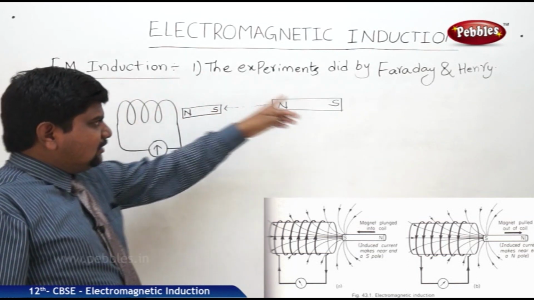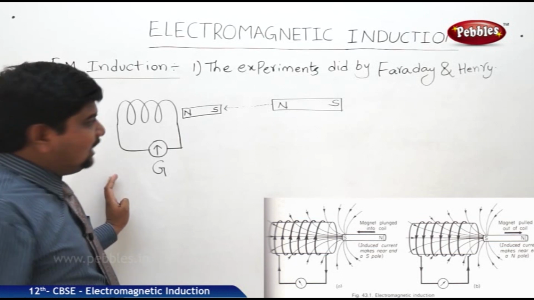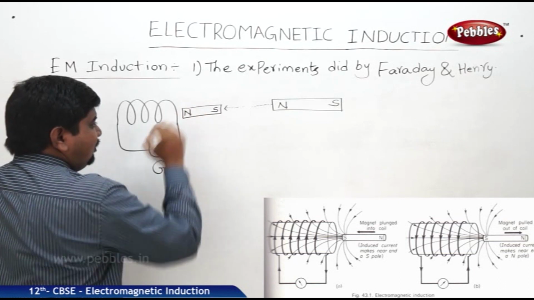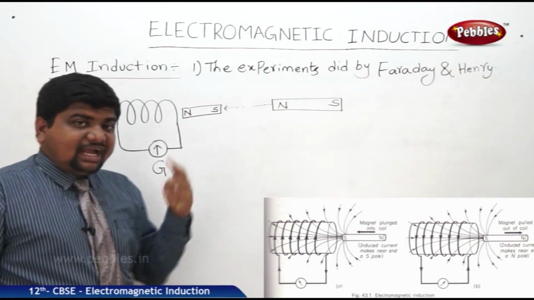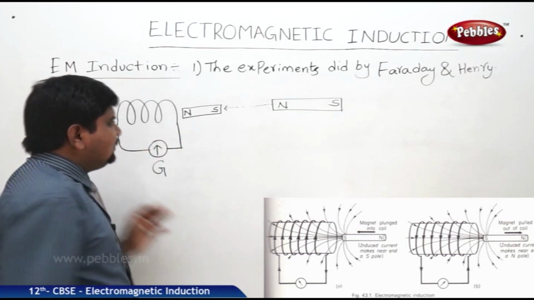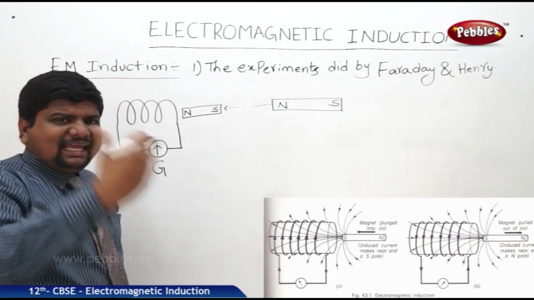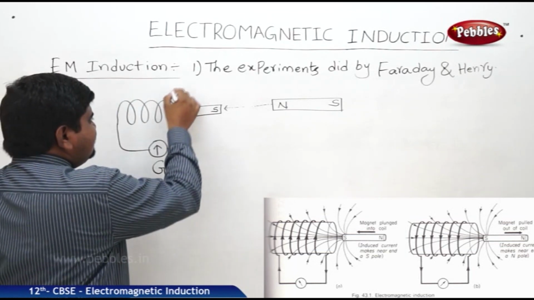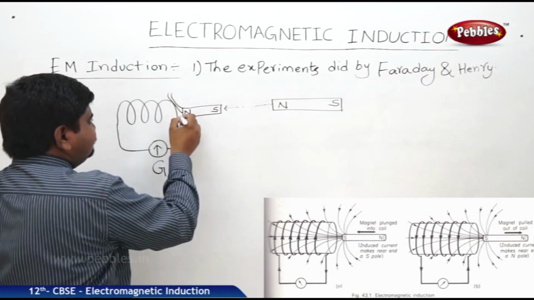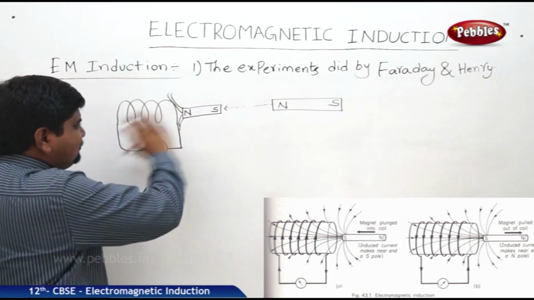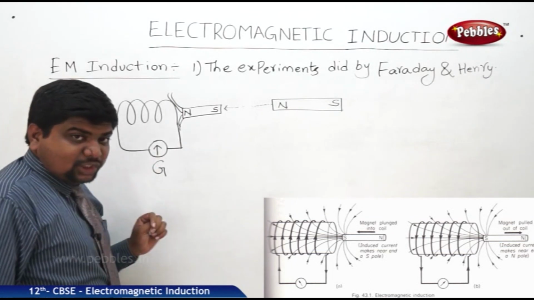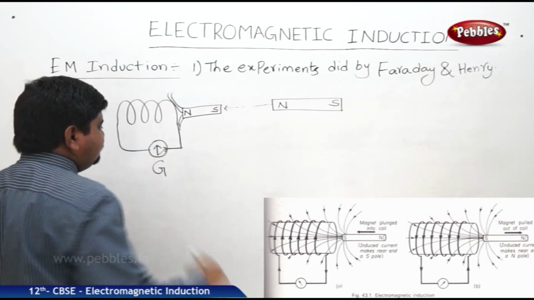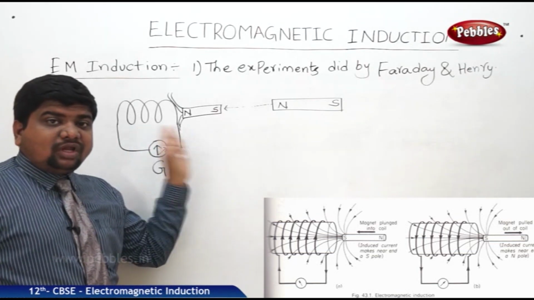The north pole, acting like a high pole strength, is able to attract the electrons inside the conducting loop and creates a magnetic flux. Then they observed the deflection of the galvanometer needle towards the north pole of the magnet.